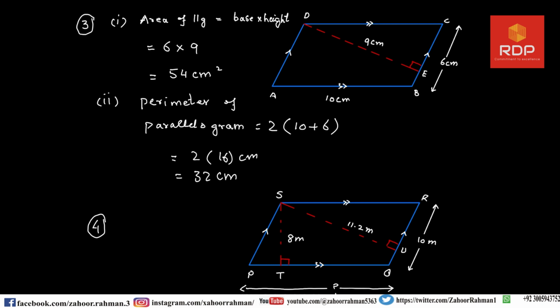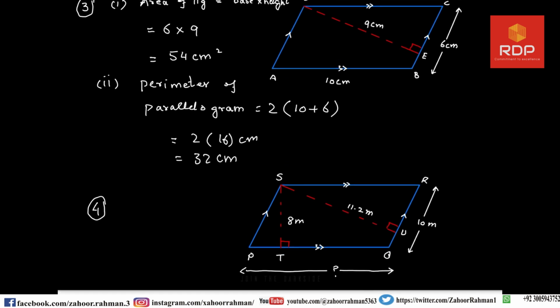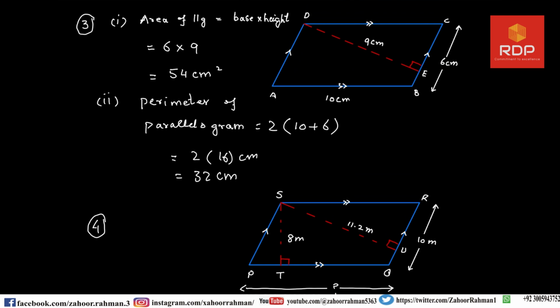For that we have to devise a plan for how we can find the value of this PQ, because we know that the area of a parallelogram in this case is equal to PQ into ST. One is the base and the second one is the height.